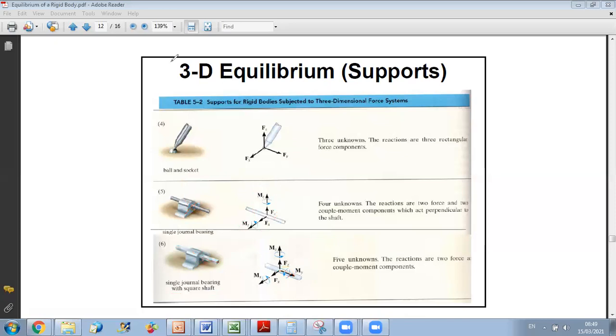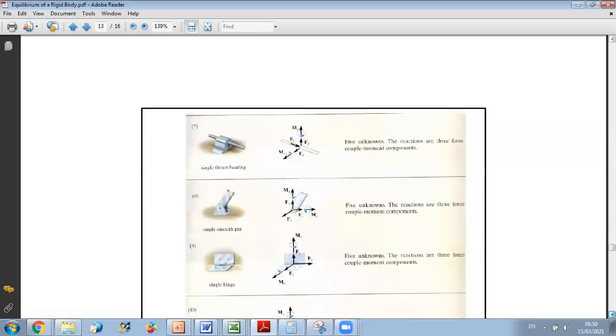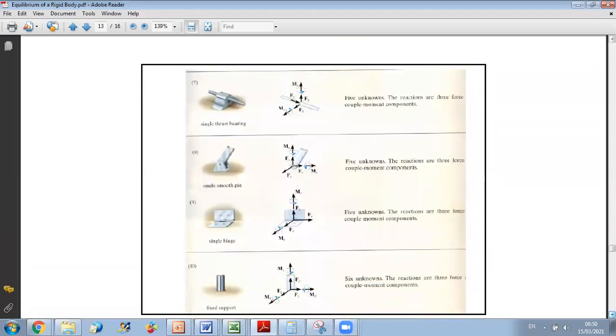Now, other types of supports in 3 dimensions. If they say single thrust bearing, okay, when they say thrust bearing, it's like we have a locking effect. The locking effect will prevent translation.